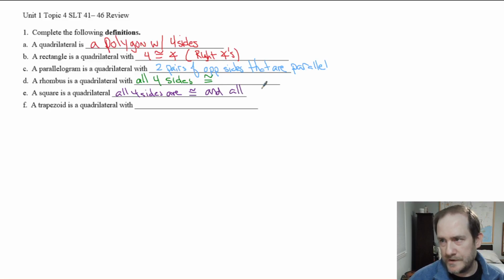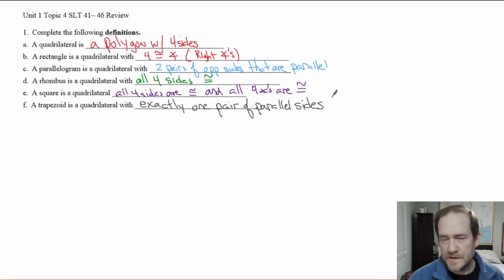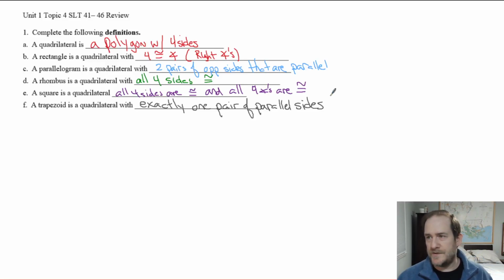And finally, to be a trapezoid, you just need exactly one pair of parallel sides. And that's it. Those are the definitions of our quadrilaterals.